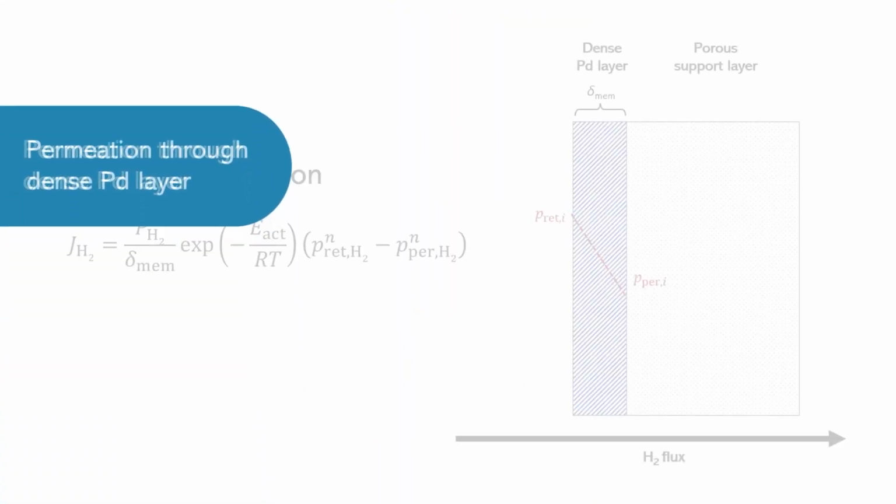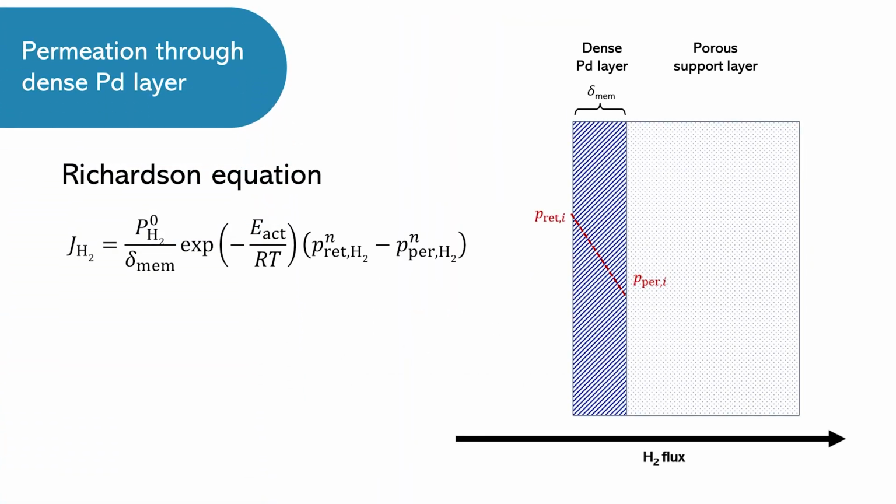Permeation of hydrogen through dense membranes can be calculated with the Richardson equation, which describes the hydrogen permeation flux as a function of the permeability, layer thickness, and partial pressures to the power n. The permeability is described with an Arrhenius-type equation.